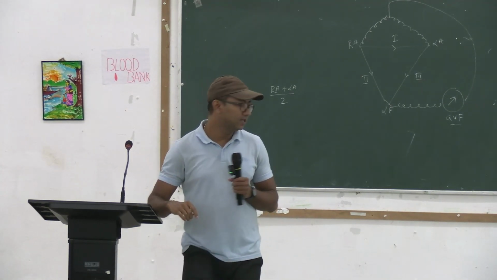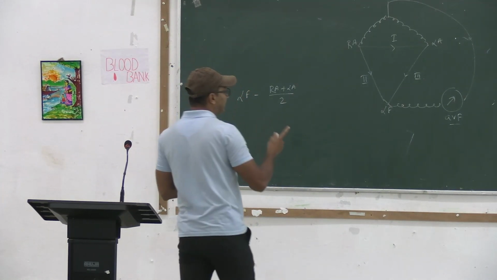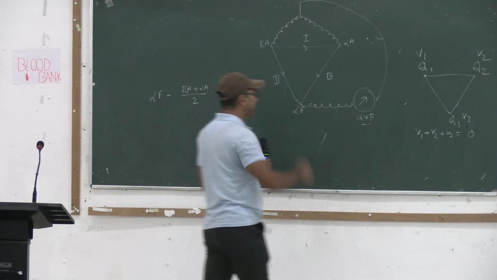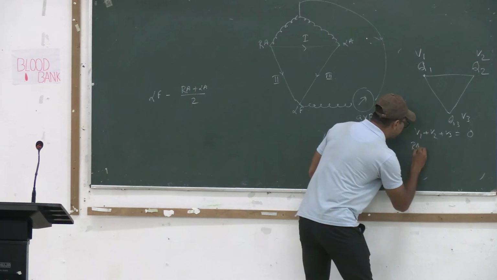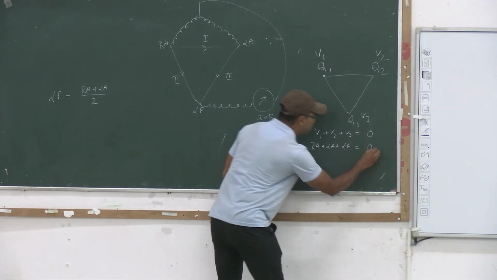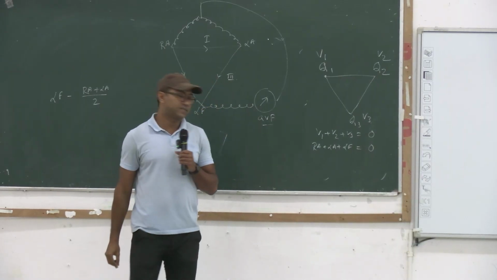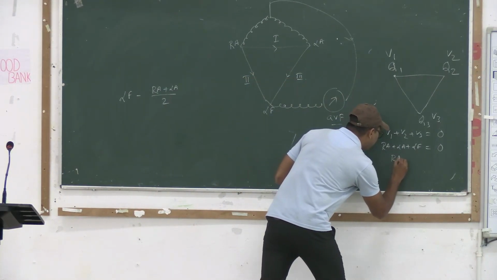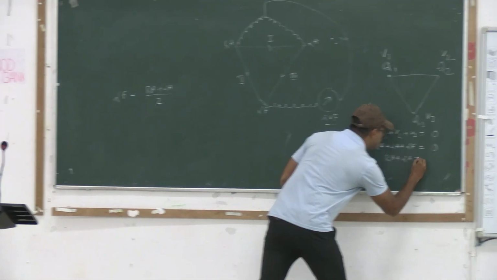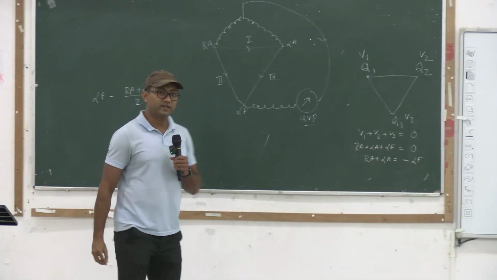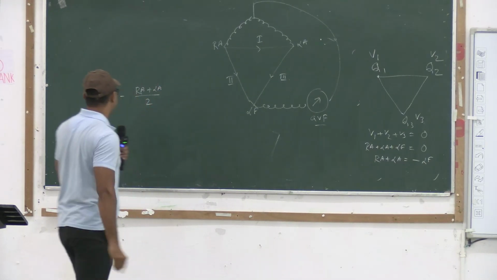So if I apply this formula over here, RA plus LA plus LF is equal to 0, correct? So RA plus LA is equal to minus LF.